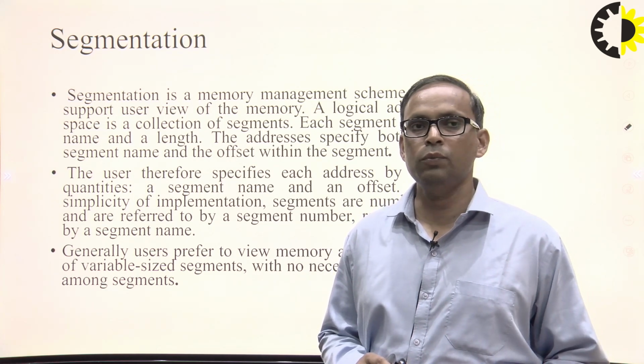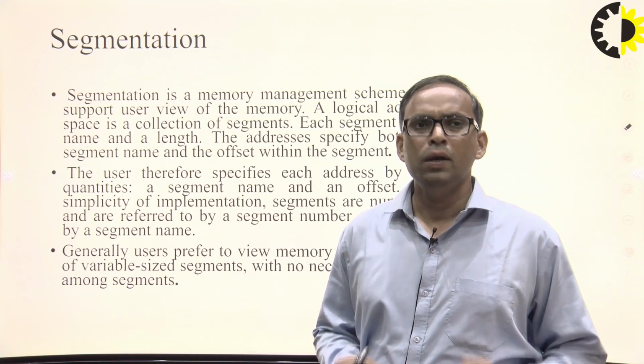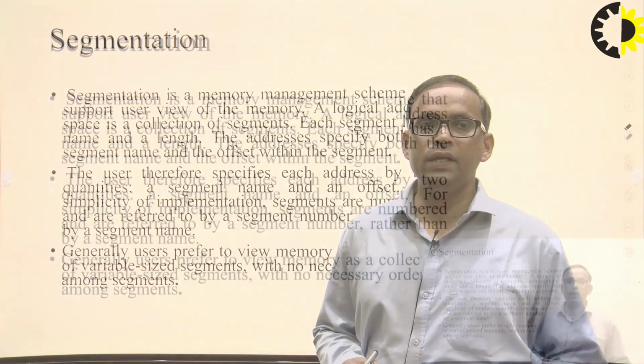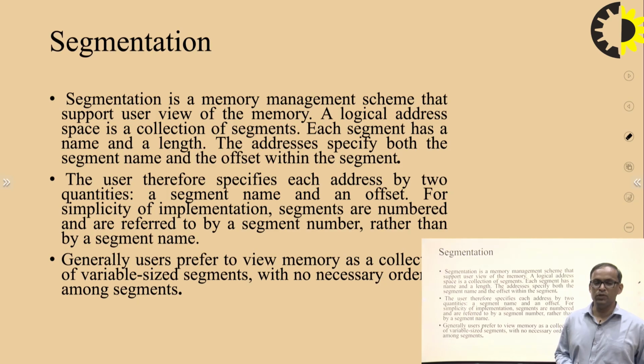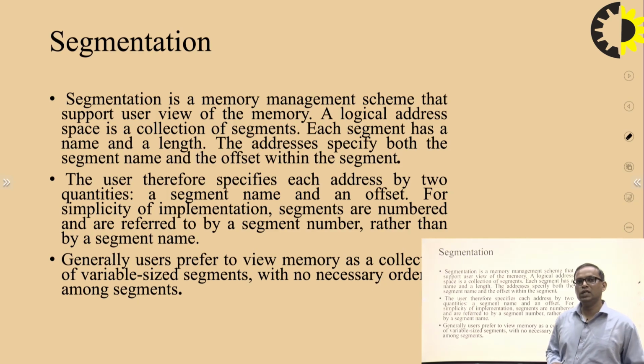In context to memory management, the operating system performs various activities. It provides memory space to the process, and it deallocates the memory space from the process when the process is completed. The operating system also keeps track of memory space utilized by a particular process at any instant of time, and also keeps track of total memory utilization of the system at any instant of time. So these are some basic activities which the operating system performs in context to memory management.